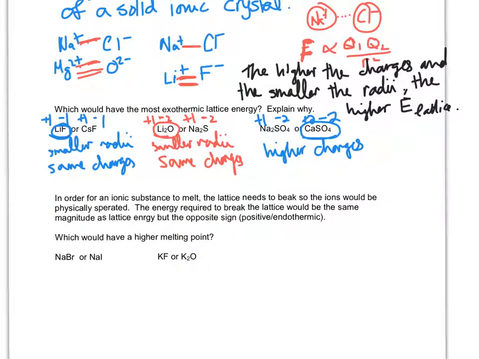Okay, so we said that when we combine our cation and anion to form the solid, so when these two combine to form a solid crystal, energy is released. Well, what if I already have a solid crystal? Let's say I have some potassium chlorate.